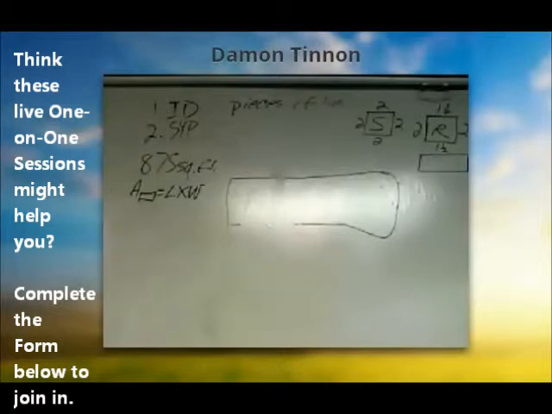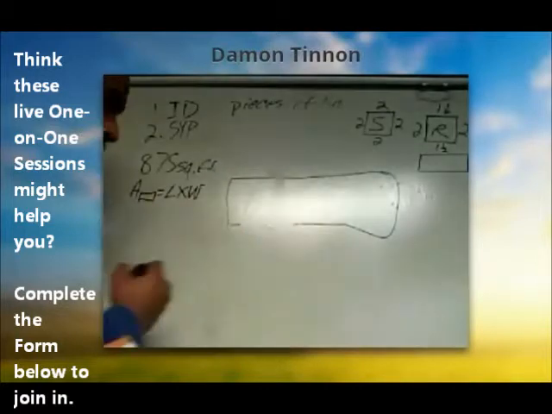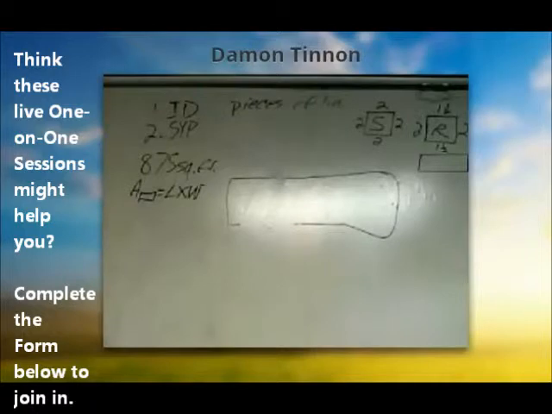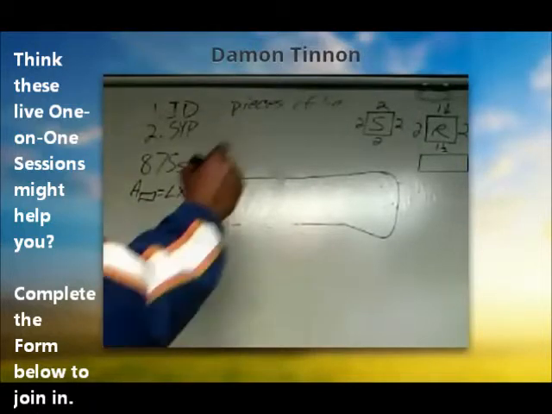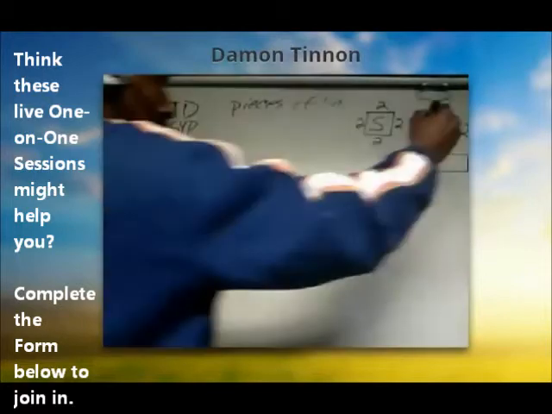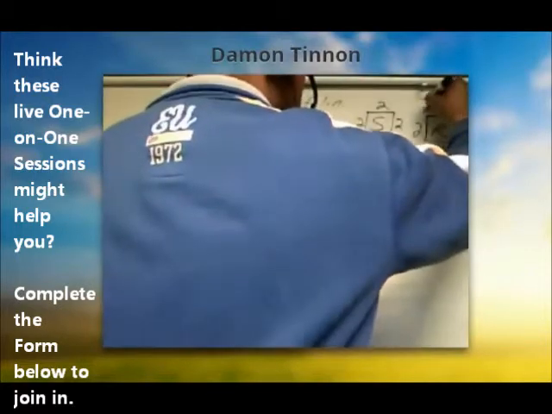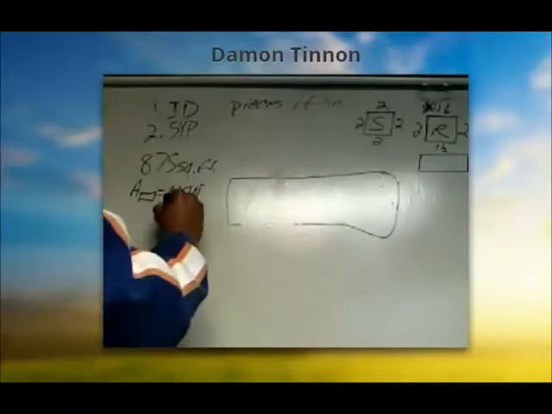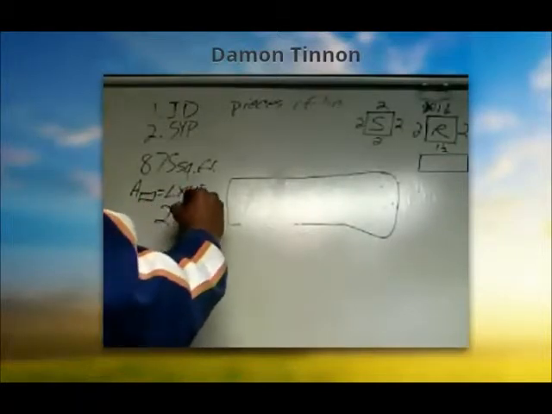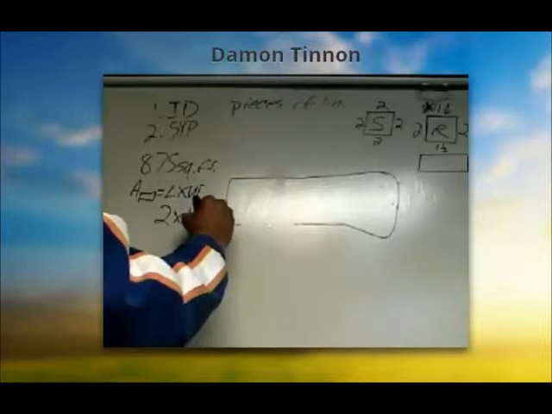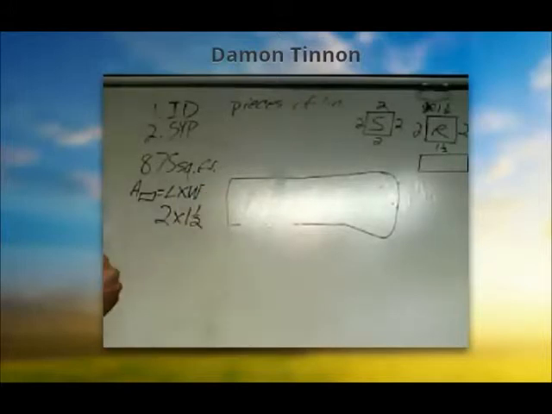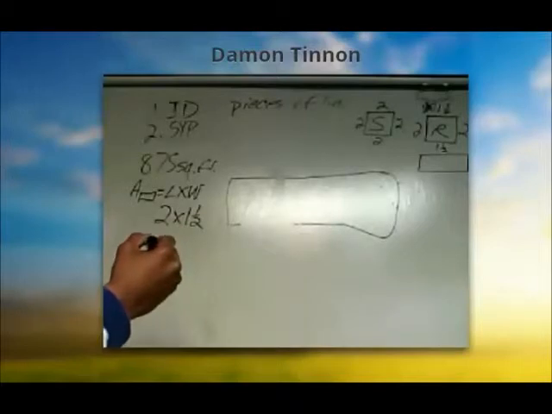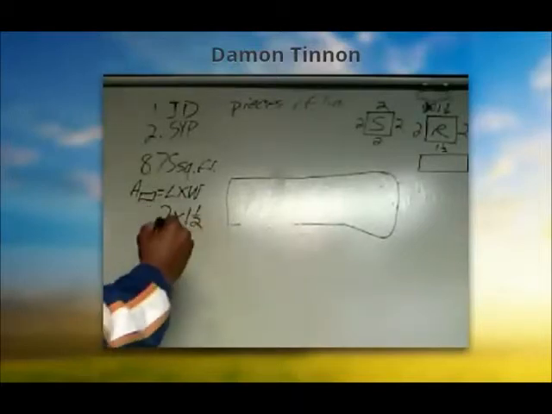Okay, so now, the length of this rectangle, so this is the one that we're dealing with right here, right? So the length of that rectangle is 2, and the width is 1.5. So the length times width is 2 times 1.5, and so 2 times 1.5 is 3.